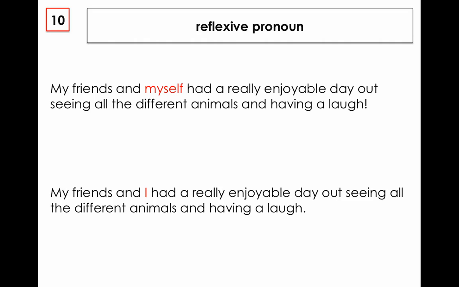So you could just say my friends and I. The pronoun in the second sentence, I, doesn't have to be reflexive, and actually it's better if it's not reflexive, because we use the reflexive pronoun to refer back, often to the subject of the sentence, but to refer back in some way to the speaker or something like that. Sorry, that's very vague, but we'd have to look at a lot of examples to form a general rule that covers all of them.